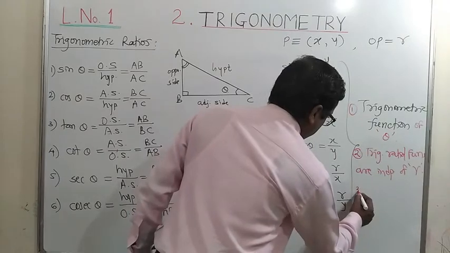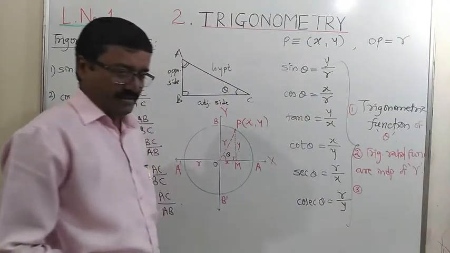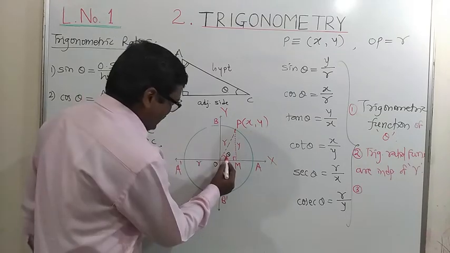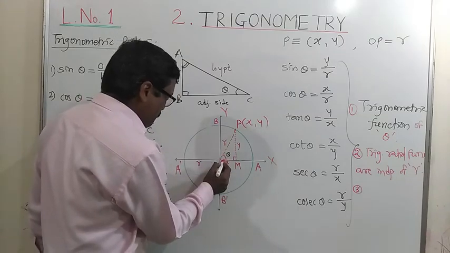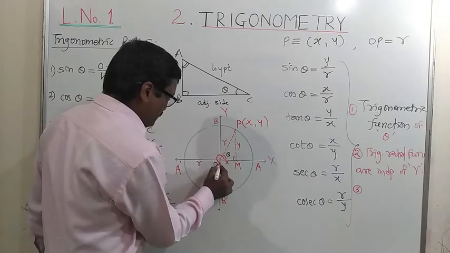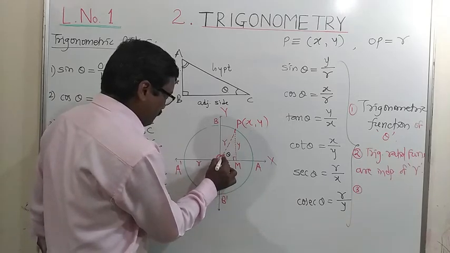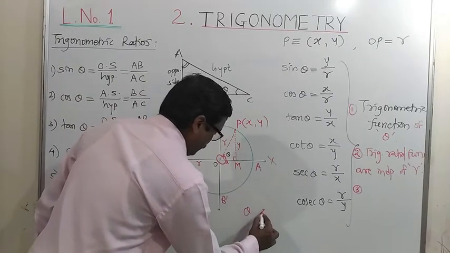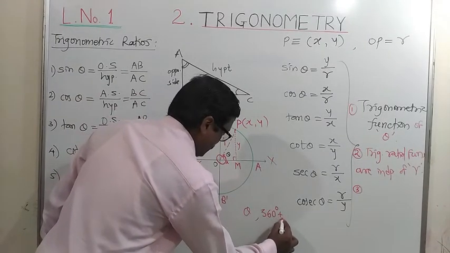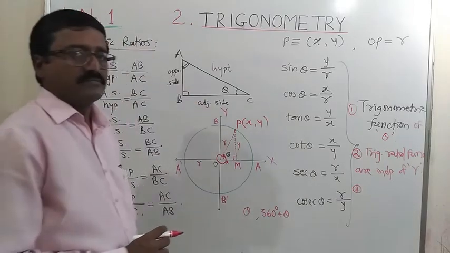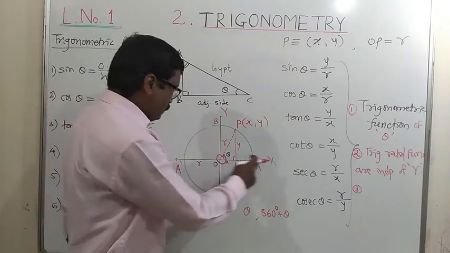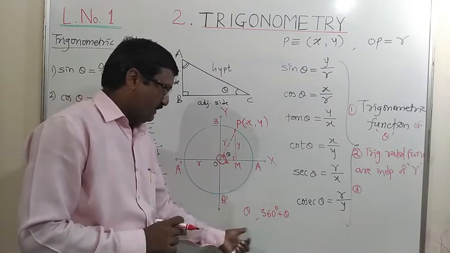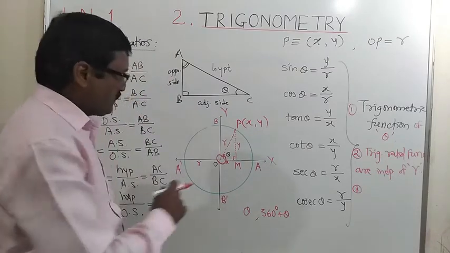And the third important point is about coterminal angles. Suppose this is theta, its coterminal angle will be like this. So theta and 360 plus theta: their initial arm is OA and final arm is OP. Their initial arm and final arm are the same. So these two angles, theta and 360 plus theta, are coterminal angles.